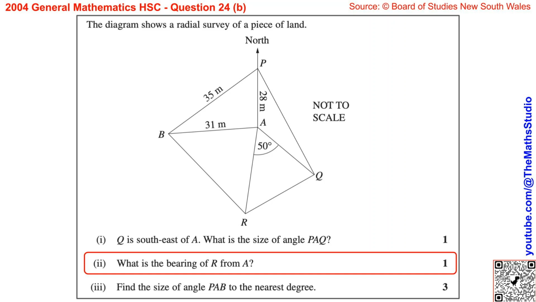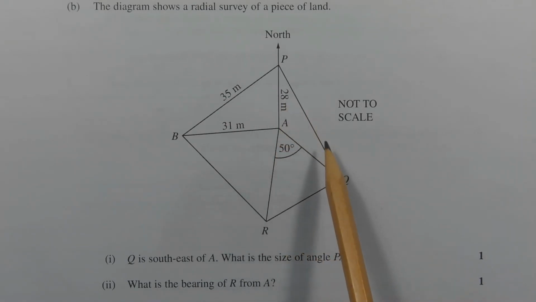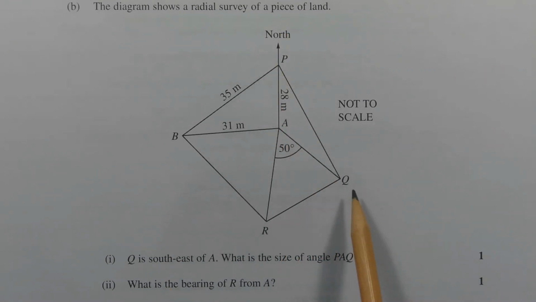Part 2. What is the bearing of R from A? The bearing of R from A corresponds to reflex angle PAR, and reflex angle PAR is made up of two adjacent angles, angle PAQ and angle RAQ.